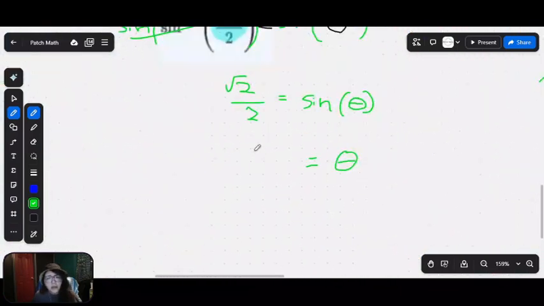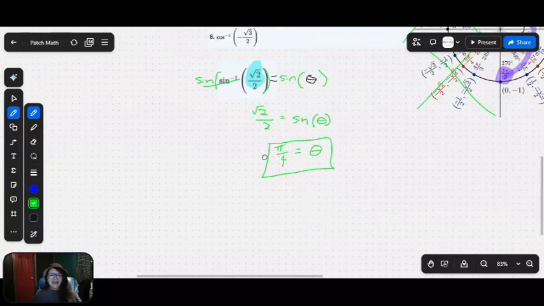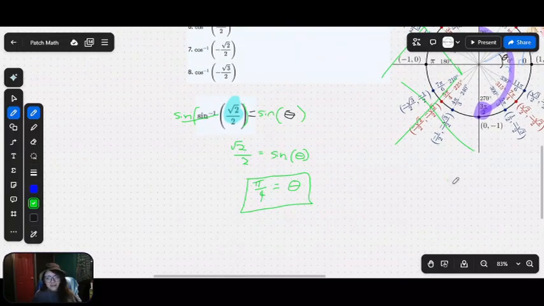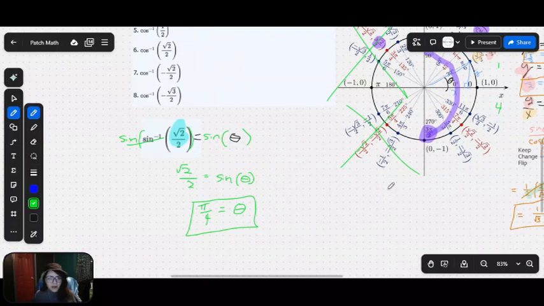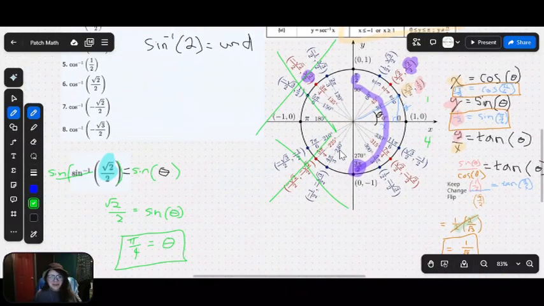And I am going to use radians because we use that a lot more in a lot of our math classes like pre-cal. So pi over 4. There you go. And that is how you find sine inverse of square root of 2 over 2 using domain and range and your unit circle.